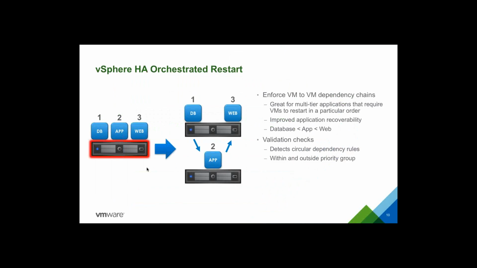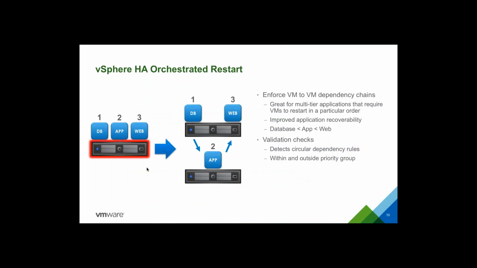Whenever you're creating these different rules, the web client is going to detect and keep you from creating any type of conflicting rules, such as a circular dependency. It's also going to ensure that you have the priority groups defined correctly.